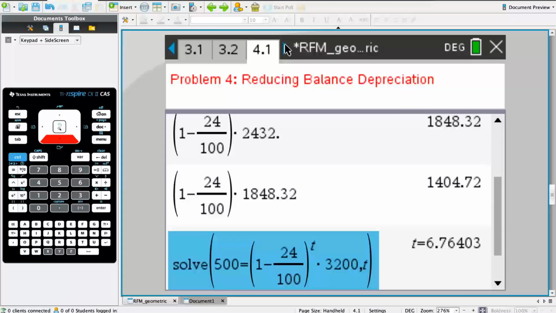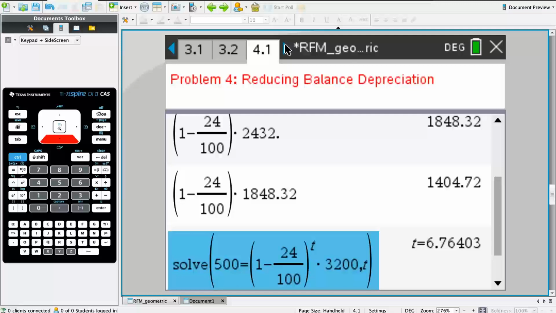And the final thing is to work out when the value of this computer will be 500. It looks from the solving command that at about 6.76 years, or because it's calculated annually, you would be talking about 7 years for it to have got below 500.